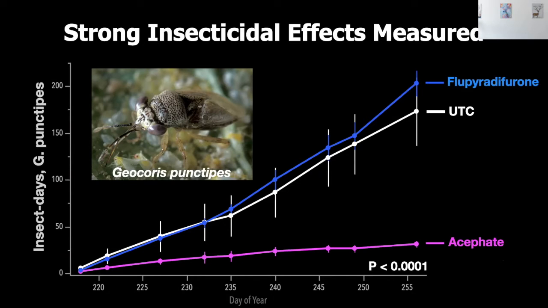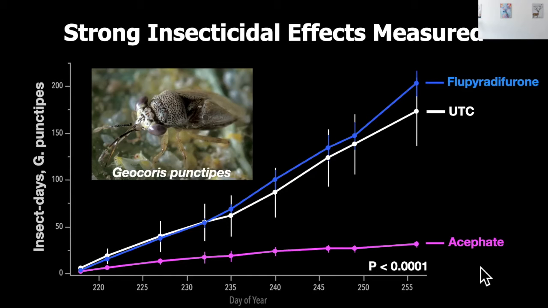And you have acephate here, which dramatically reduced the abundance of big-eyed bug because it's a broad spectrum insecticide. And this chart shows that our controls functioned. I'm showing you here only one example, but this was consistent among all taxa.